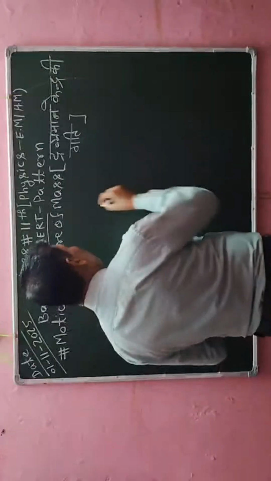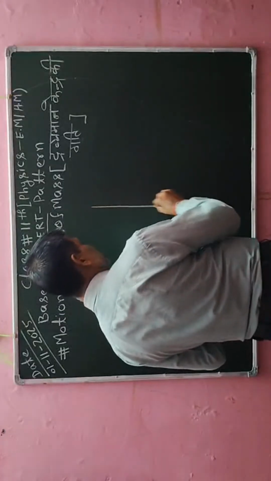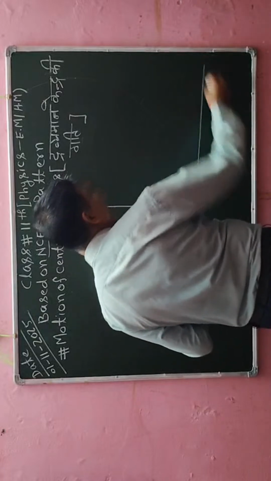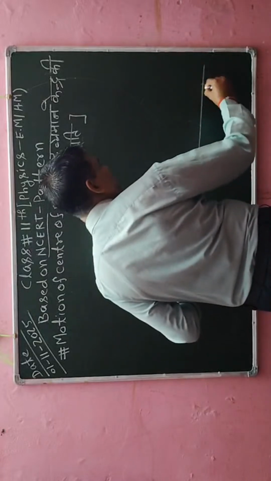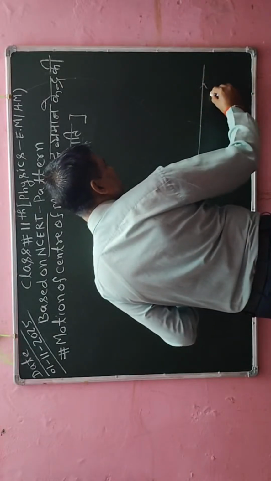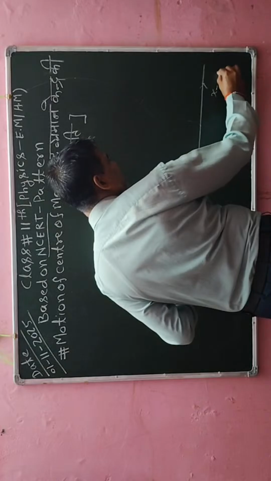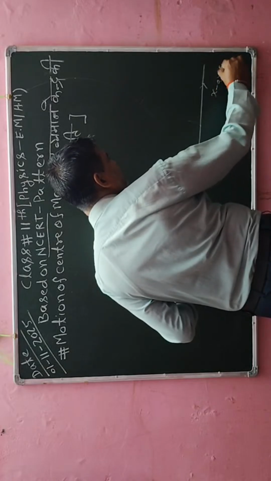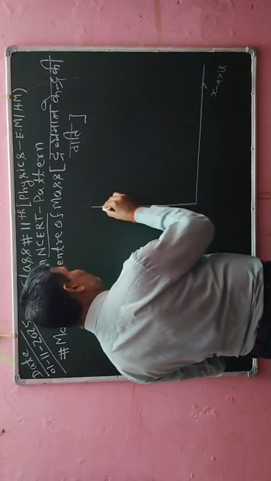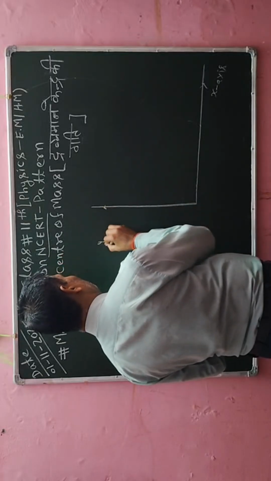Before, I had drawn here the x-axis and also the y-axis. Here I will write this is the x-axis, and a line which is perpendicular to this x-axis I will say is the y-axis.